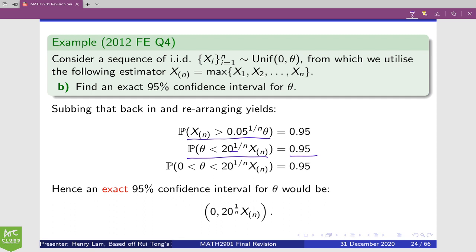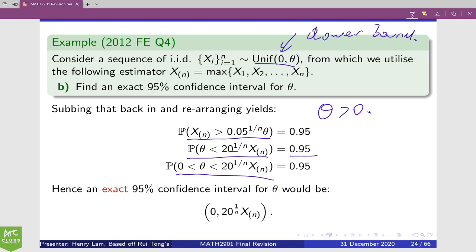You have a right hand side. All you need is a left hand side now. But if you consider what theta means from the definition, theta must be positive because it must be an upper bound. And since the lower bound is 0, that means theta must be within this interval.